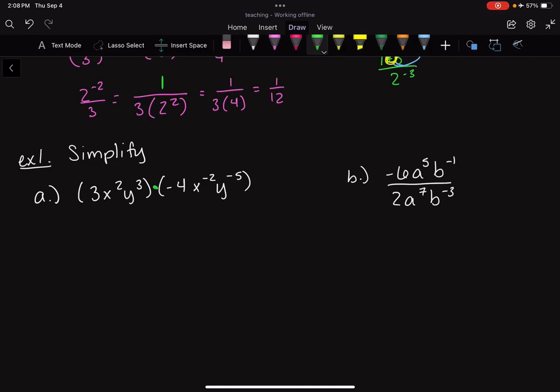So this is just multiplication, so I'm multiplying like terms. The 3 and negative 4 will give me negative 12. x squared and x to the negative 2, those have the same base, and I'm multiplying, so I'm going to add those exponents. So that's 2 plus negative 2.